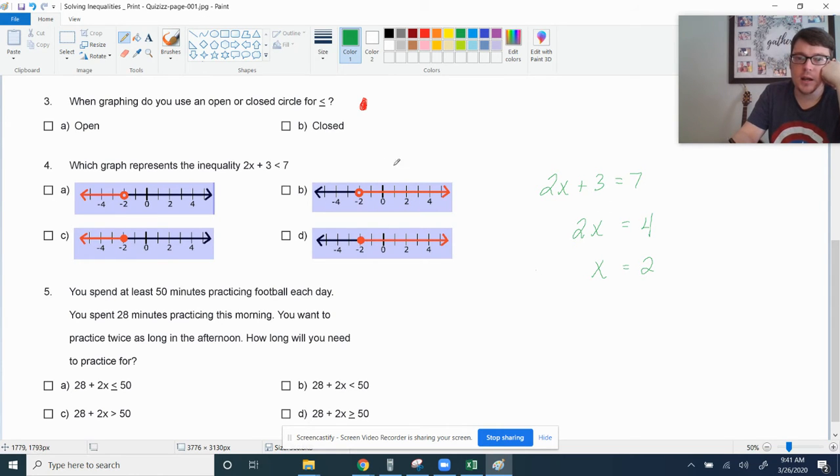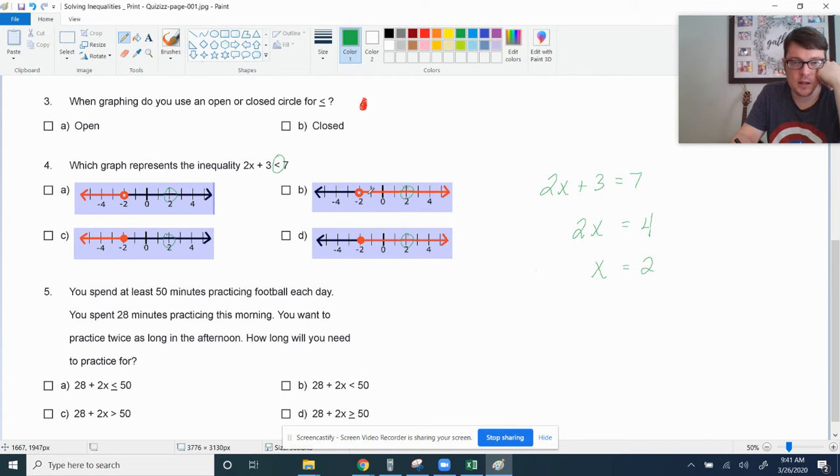And it looks like this particular problem has a mistake because it should be right here, here, here, and here. But since all of them are the same mistake, I'm going to assume that the answer is going to be the shaded open one, which would be A or B because it's got a line underneath. So it's got to be A or B.